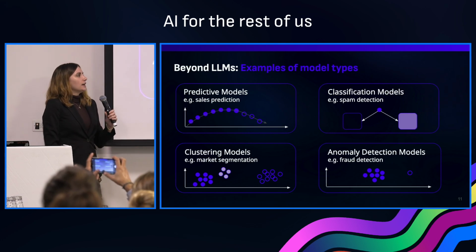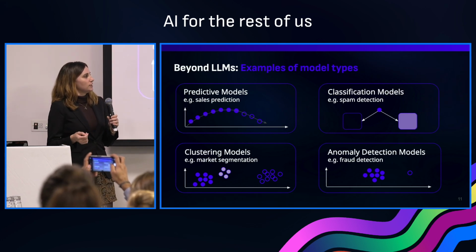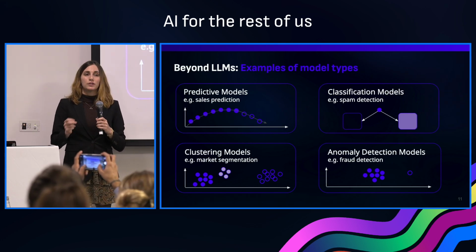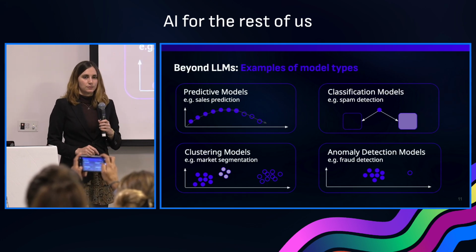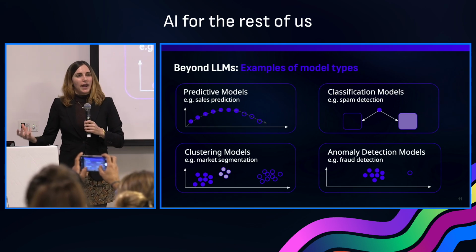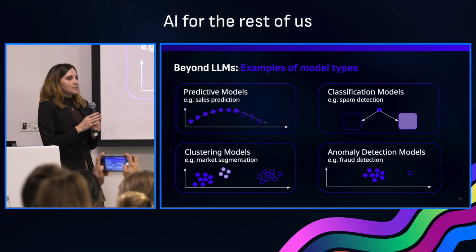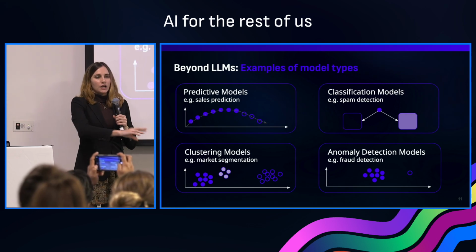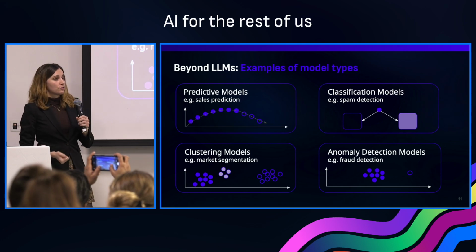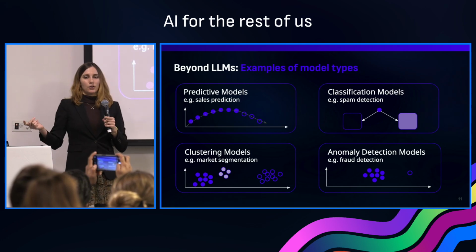And then another example that I have here is anomaly detection models. So this is very popular, for instance, for fraud detection. So let's say you are a bank and you have ATMs everywhere, right? And usually in this ATM, in that corner of the city, the amount of money that is withdrawn from this ATM is between this and that amount of money.